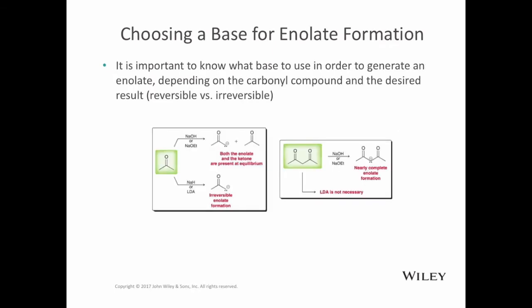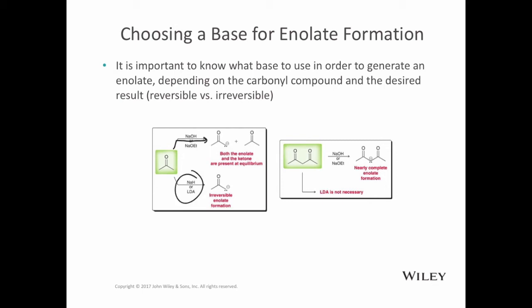It's important to know what base to use because you need to know: are you irreversibly forming the enolate, or do you want to have both enolate and starting material in your flask? Because different types of reactions require different conditions. So for example, if you have a ketone and you use hydroxide or alkoxide, you're going to have both the enolate and the starting ketone present at equilibrium.